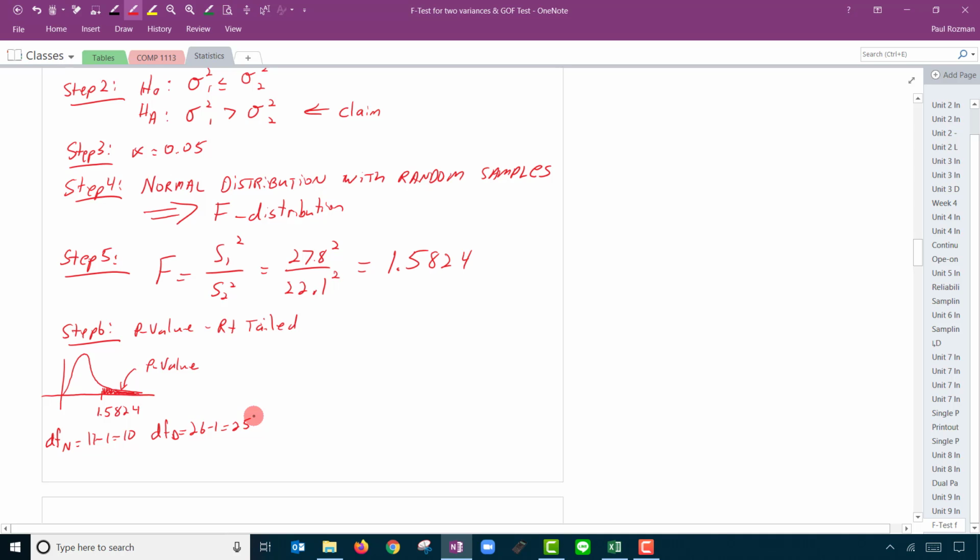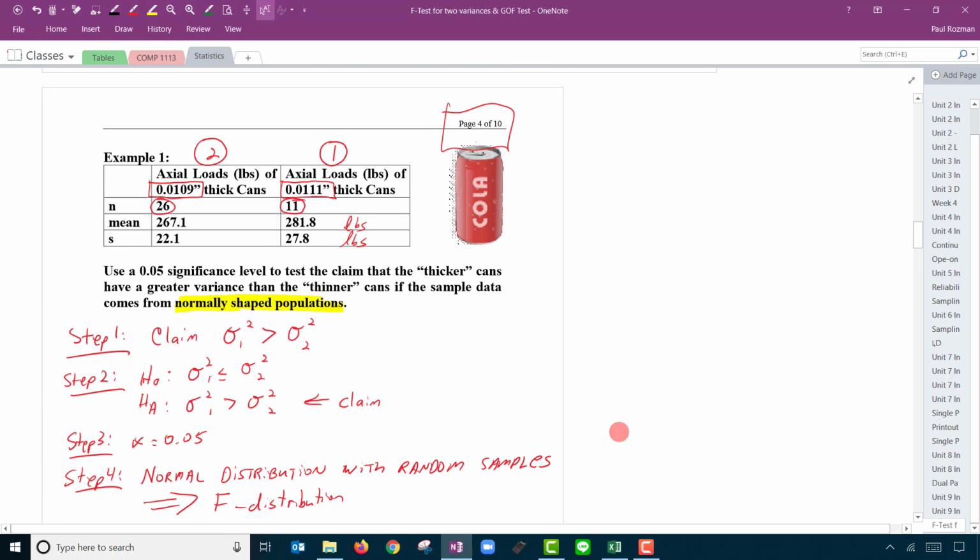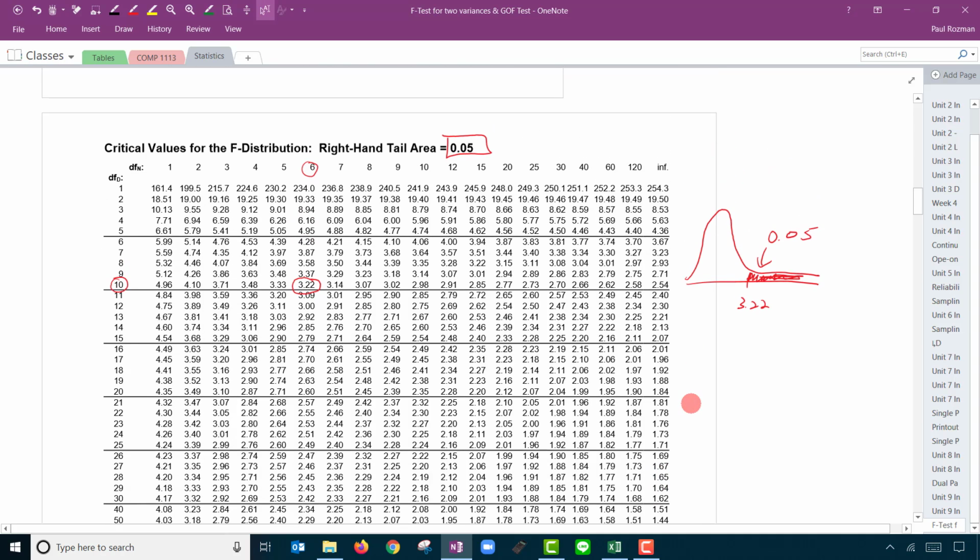So we go back to our F table, and we're looking for degrees of freedom of 10 for the numerator, and I believe it was 25 for the denominator. And this number obviously isn't going to match our 1.58.